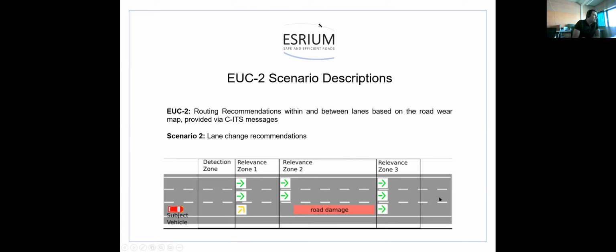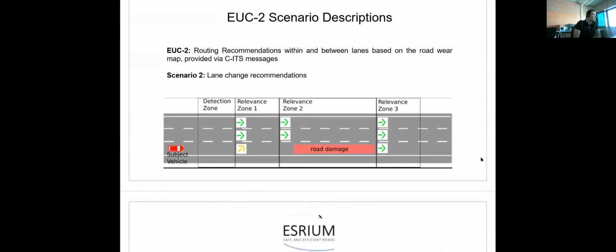Here you see the example of this use case, where the vehicle going into the detection zone conducts a lane change maneuver to the recommended lane or one of the recommended lanes and drives through the second relevance zone in this lane. At the end of relevance zone 2, it can keep the existing lane or return to the original driven lane. So this is use case scenario 2.